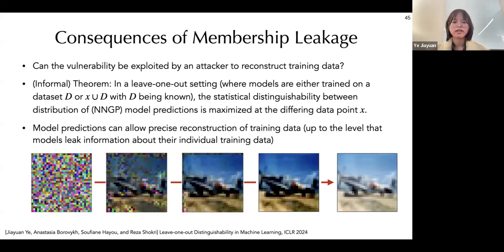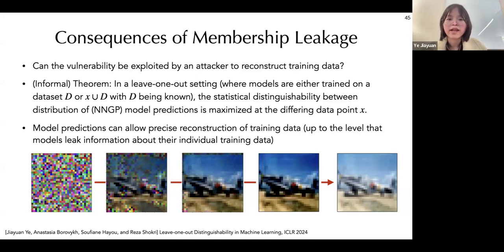This is aligned with the previous example of how membership inference attack allows reconstruction for the text data, and basically shows that the prediction membership leakage allows reconstruction even from this randomly initialized image, not even constrained to the data domain.